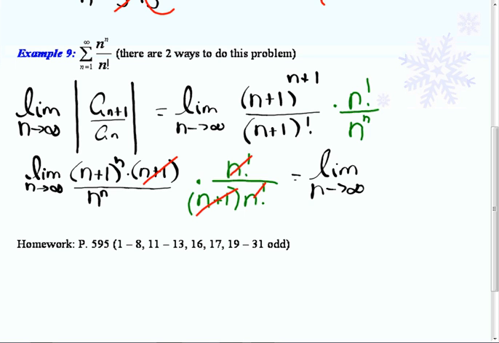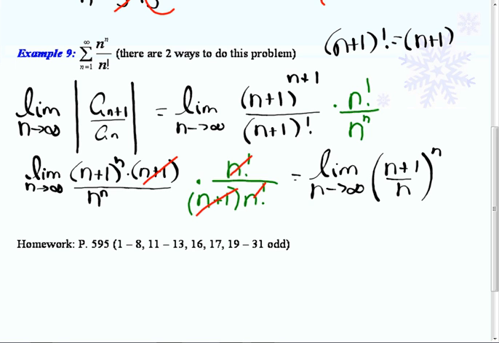Can I write this as n plus 1 over n to the n power?